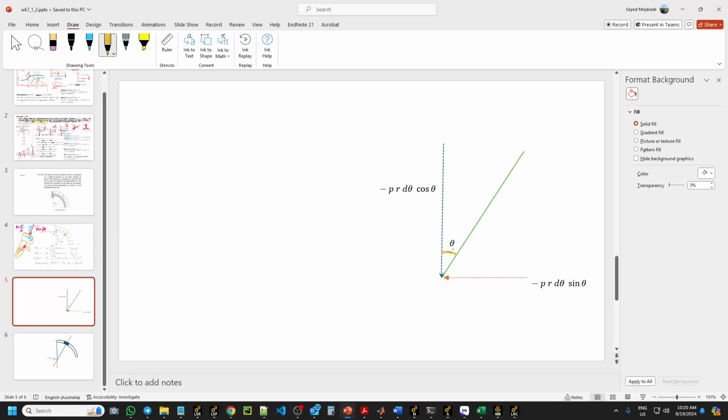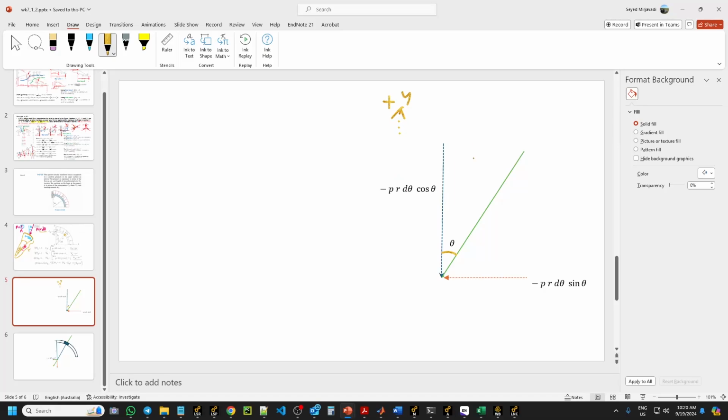We have to always find the components. As I said, we know that this is theta, so the y component will be negative PR d theta cos theta. I put negative here because it is pointing downward, and as you remember in the previous slide, positive y was upward.